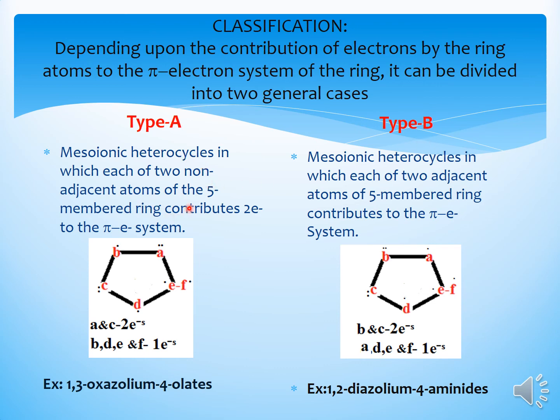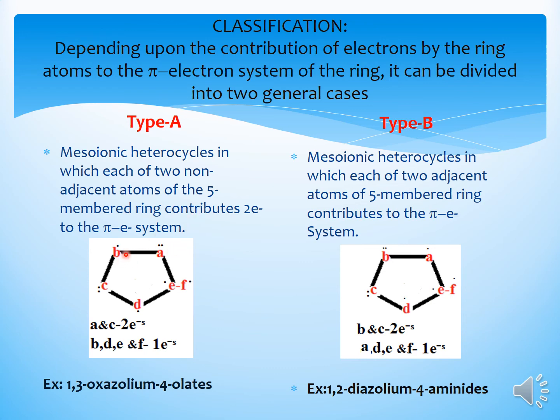Here in type A, we have the mesoionic heterocycles, wherein there are 2 non-adjacent atoms. Okay, 2 non-adjacent atoms. This atom is non-adjacent, and these are adjacent atoms. Okay, B and C are adjacent, and A and C are non-adjacent.